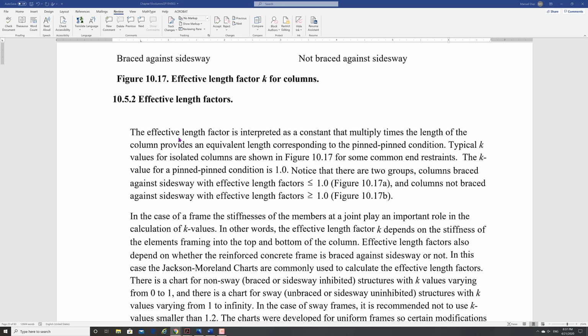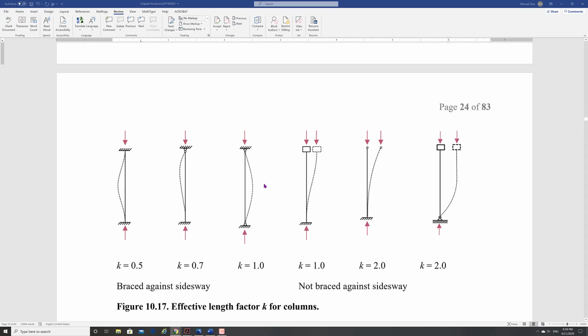So what is this effective length factor then? It's just a constant that multiplies the length of the column to provide an equivalent length corresponding to the pin connection. That's where your K value is. For cases where you do not have displacement, K values are below 1.